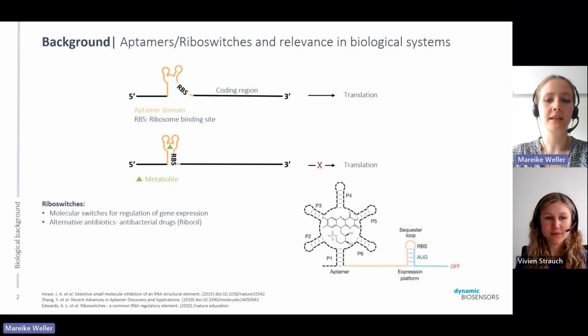So the importance of these riboswitches is that they can regulate gene expression, and this can therefore also be used for the development and usage of drugs. A very prominent example here is the FMN riboswitch, and you can see this on the bottom right.